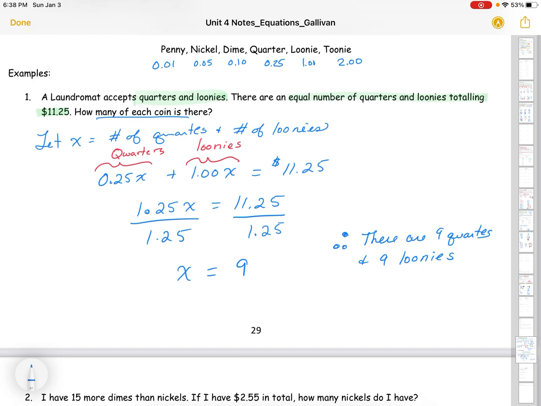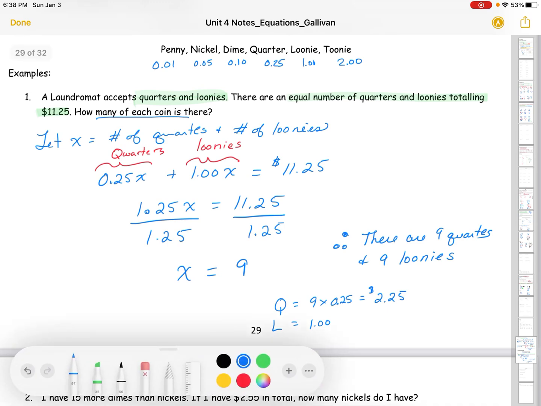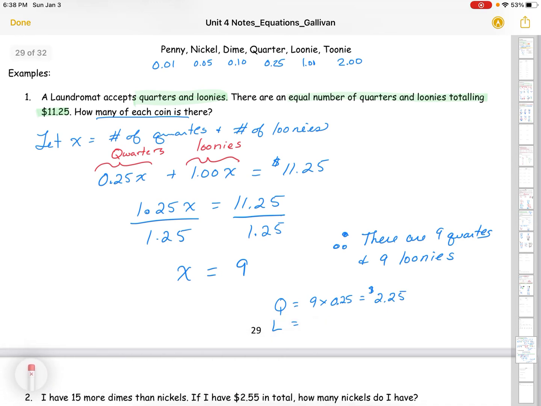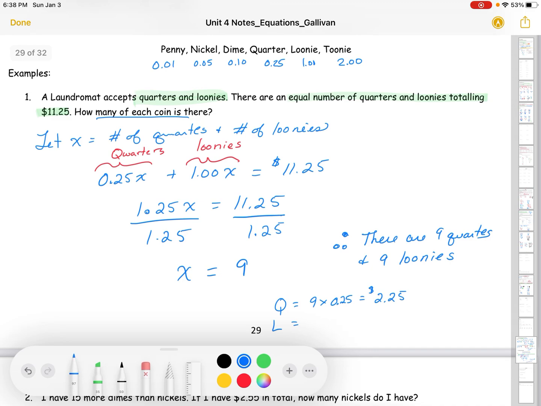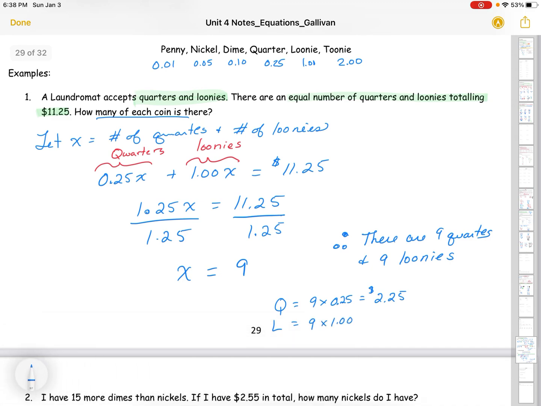Now, this is how many of each coin there are, right? If they were saying how much it is in money, we can also calculate that. So for quarters, it's 9 times 0.25, which works out to 2.25. And for loonies, it's 9 times 1, which is $9.